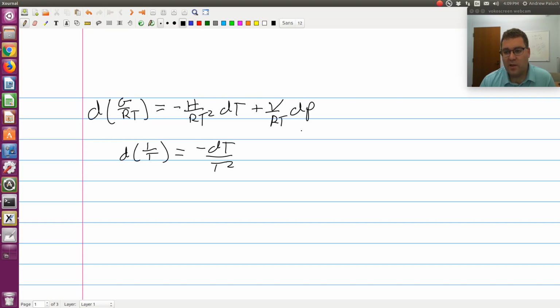To play with the second differential, first remember the equation of state for real fluids is PV equals ZRT.